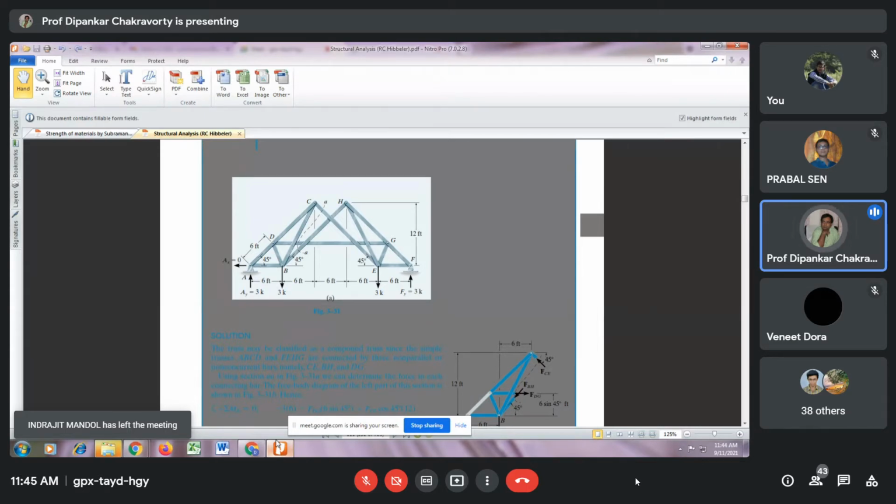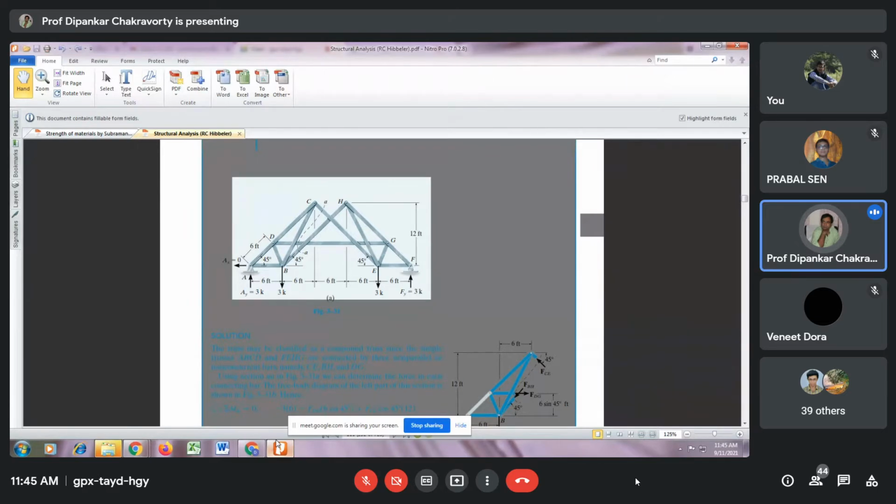Now, if the number of reactions in the two supports is equal to 3, then the structure can be solved by the equations of statics: summation Fx = 0, summation Fy = 0, and summation M = 0. That is the mathematical implication, but it has a physical implication as well.